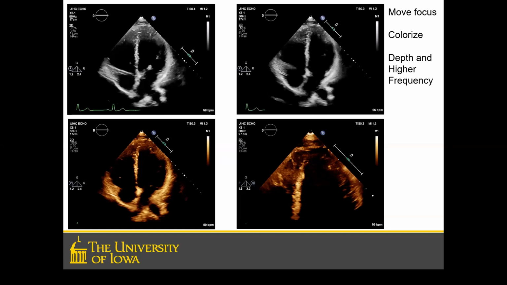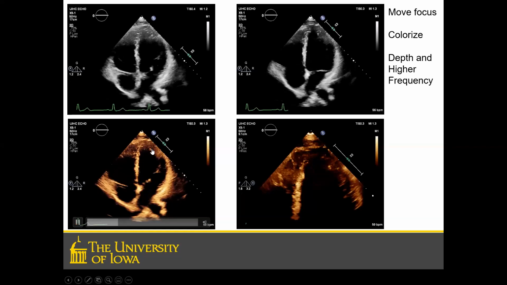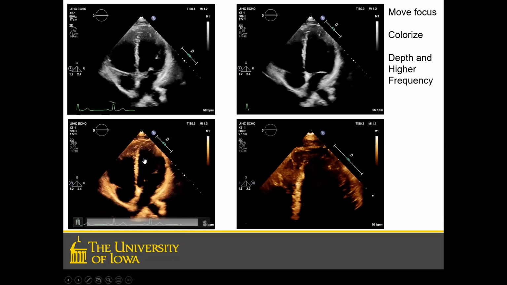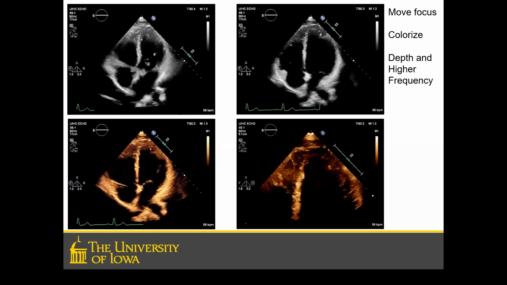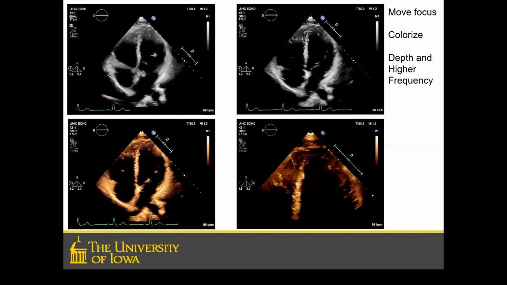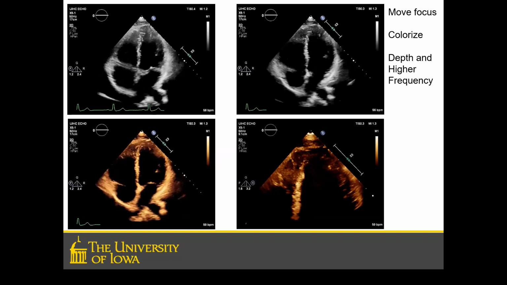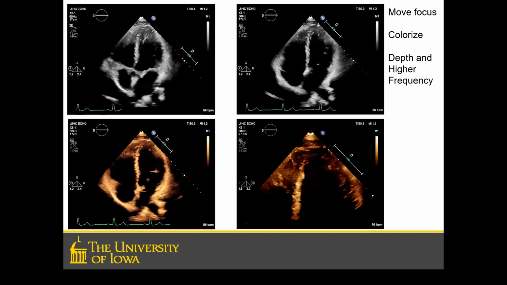So that's number 1. The next thing that we can do is put on some type of colorization. I picked septa. There's all kinds, there's rainbow and everything else. Our human eyes are a little bit better at seeing color than 2D, so this can be helpful.